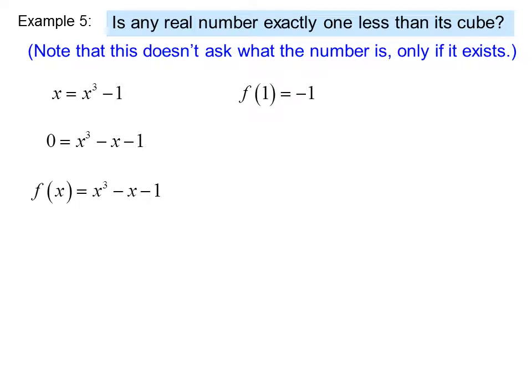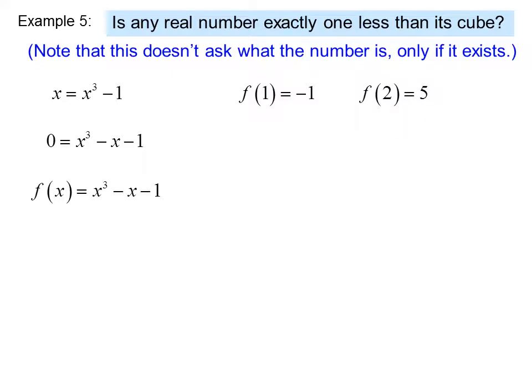If we choose x equals 1, f of 1 equals negative 1. And if we choose x equals 2, f of 2 equals 5. Now, because f of x is a continuous function, the function is continuous from x equals 1 to x equals 2.